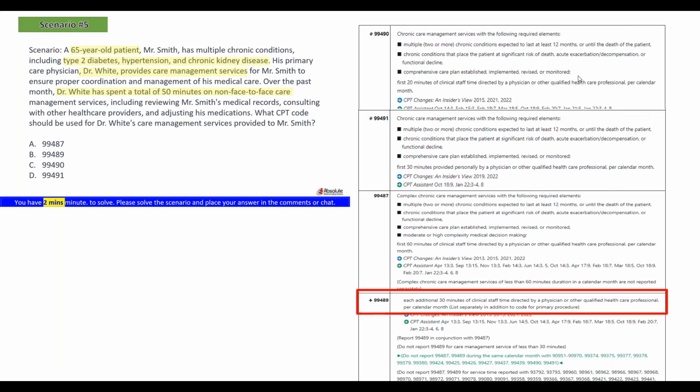Okay, I can see your responses in the chat. I see two responses. Yes, we could have eliminated option B quickly because that's an add-on code, isn't it? Can we code an add-on code without the primary code?